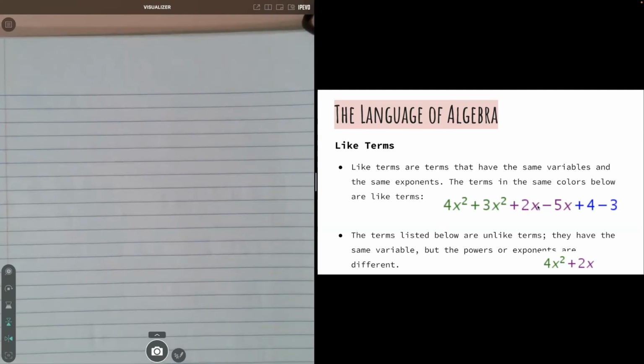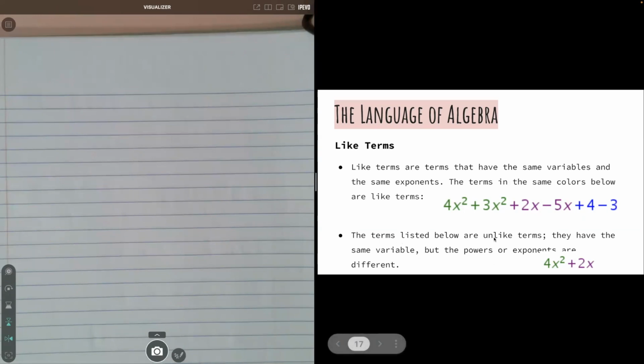Here we have 2 x's here and negative 5 here. So you could combine those to get negative 3 of them, negative 3 x's. And then the constants can be combined too. So we have positive 4, just the number, and then negative 3, just the number. So all together, you could get just 1 if you combine those.